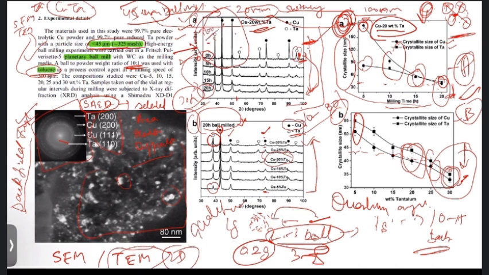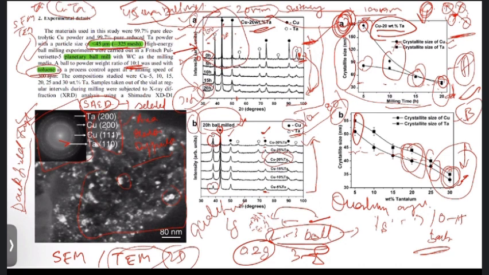This copper is 200 again. So what is the purpose of saying the same thing again and again? It means that we can verify our result from one technique with the other technique also. You can get the same XRD peaks as in this SED pattern.